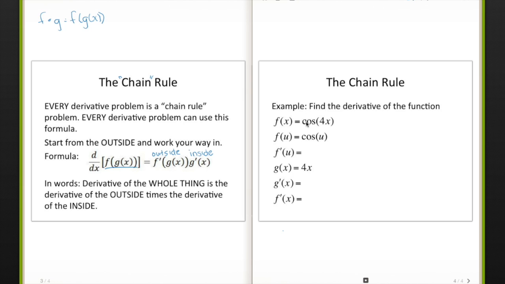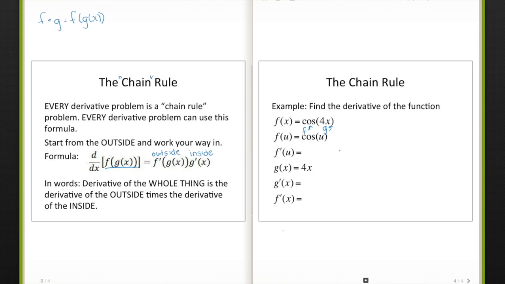So let's take a look at an example. In this example, we are going to find the derivative of the function cosine 4x. Our outer function is our cosine function, and our inner function is the 4x.